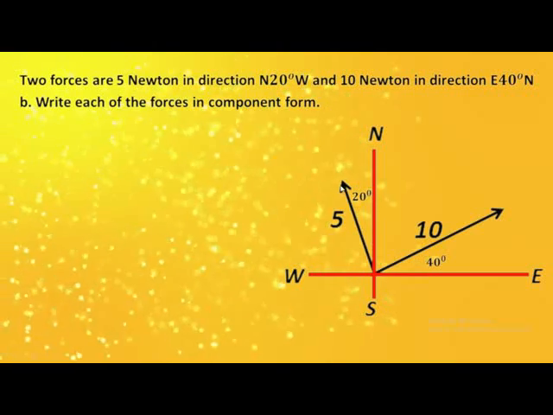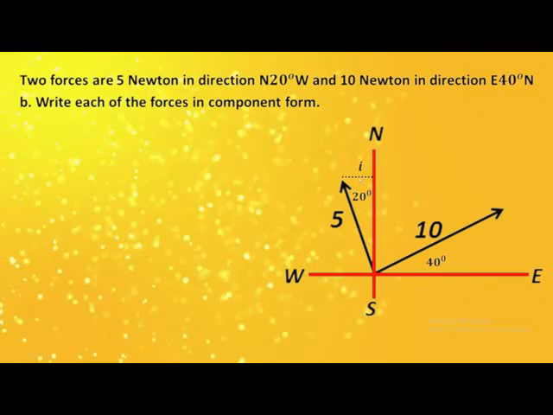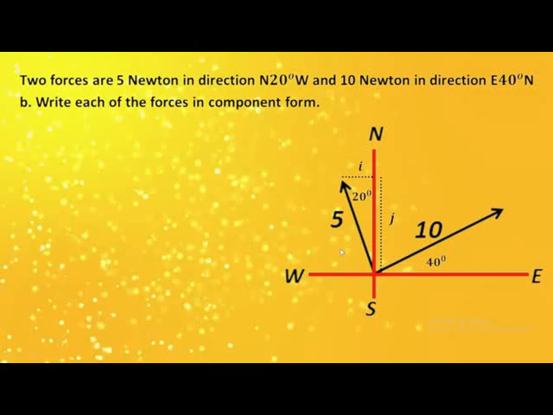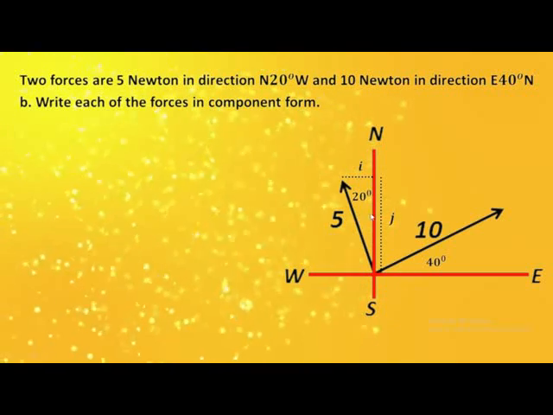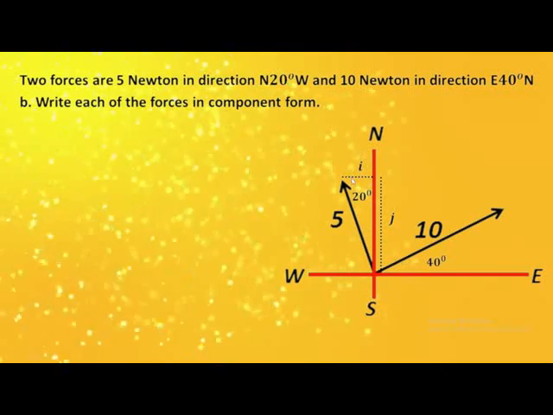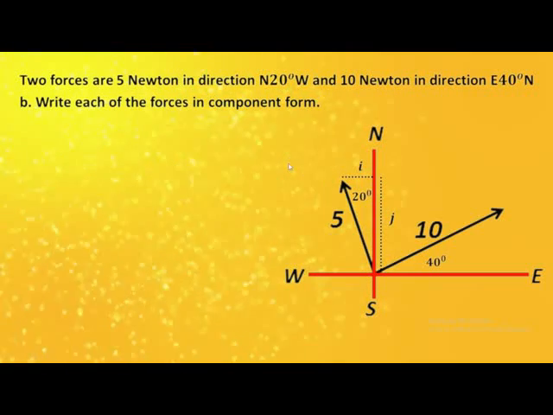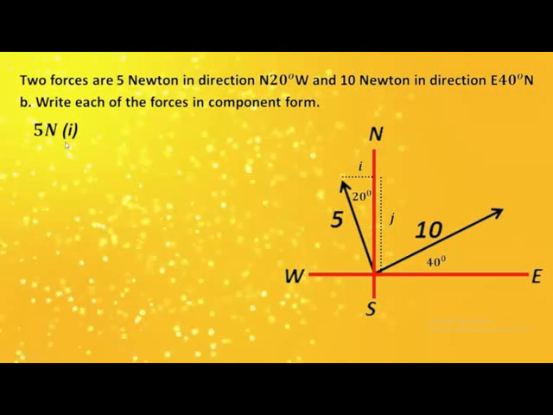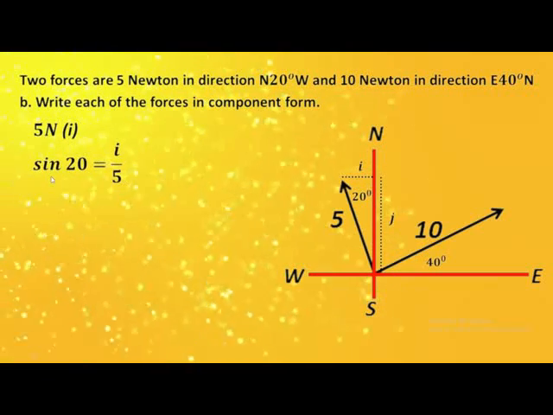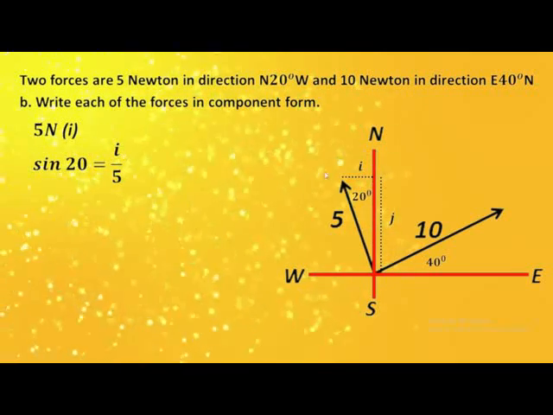Let's start with the 5 Newton force. Now we're going to find the i component and j component of the 5 Newton force. So this is the angle. As you probably know, i is the opposite side and j is the adjacent side. So in order to find the i component of the 5 Newton force, we use sine 20, because i is the opposite.